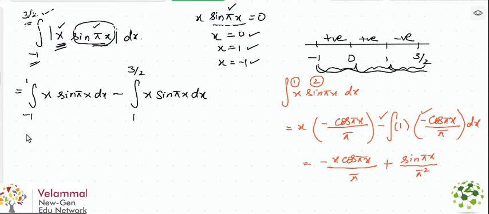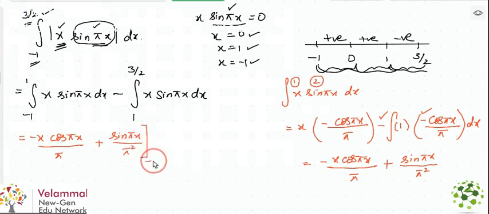As I told you, in definite integrals we do not add the integration constant because it is going to become 0. So let me copy it here. Plus sine pi x by pi square between the limits minus 1 to 1, minus open bracket. Here also the integral is the same, only the limits are different.